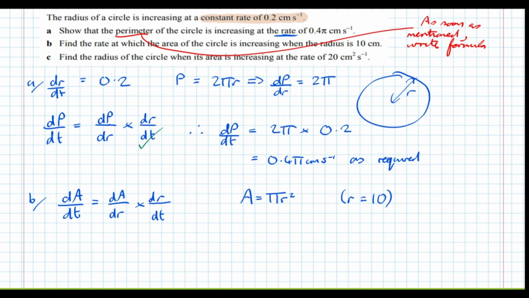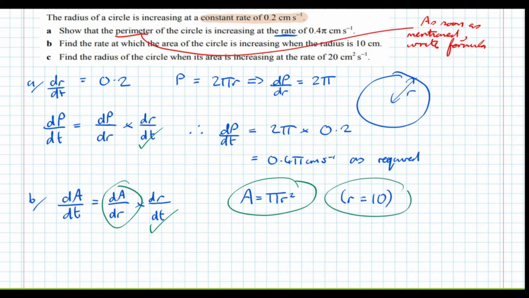So remember from before we've got dr by dt. Take a moment to find dA by dr. And this question requires a bit of extra information, that r equals 10. Have half a minute to do that.